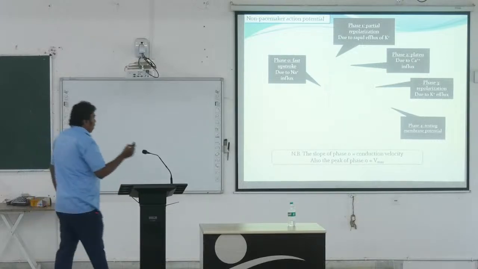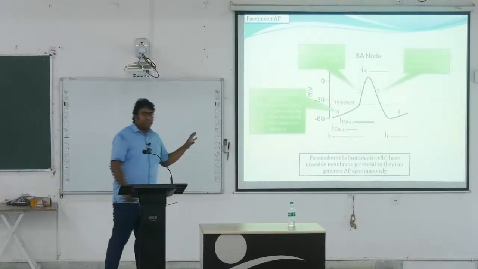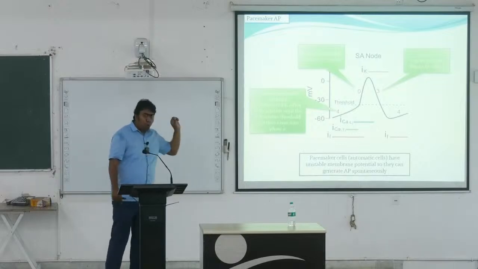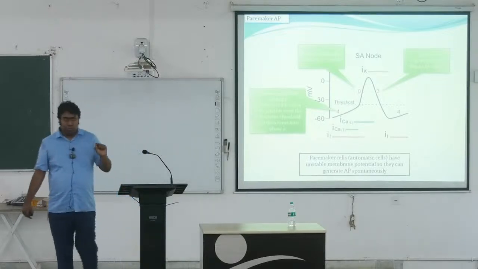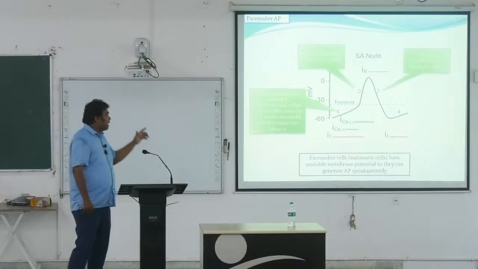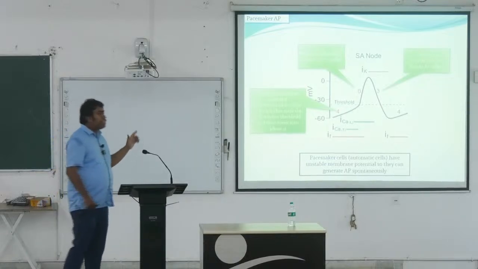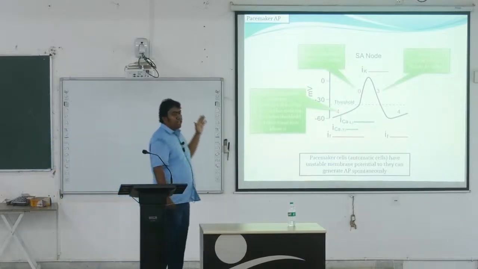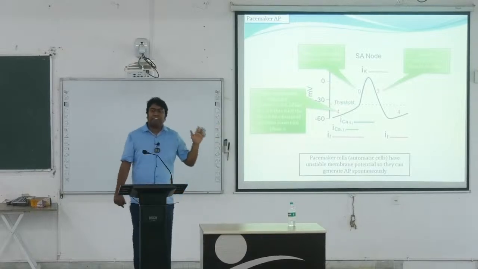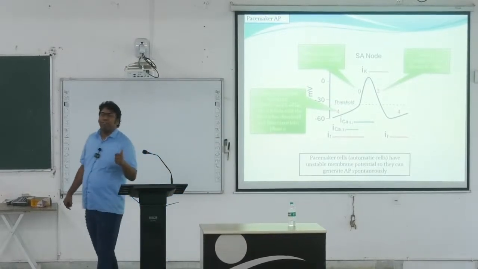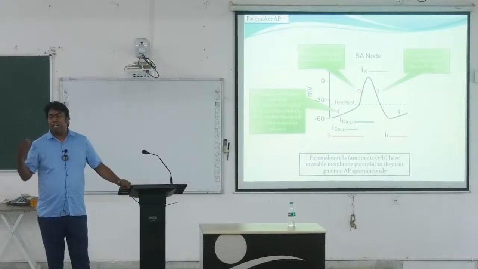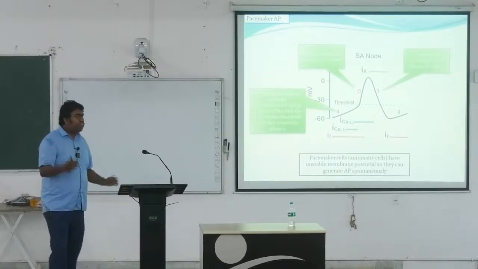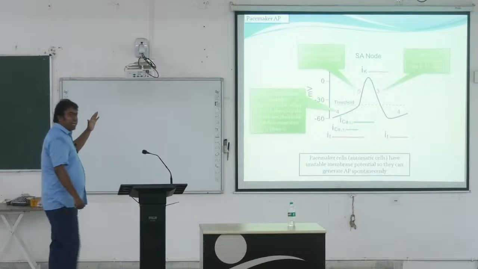potassium. What is the difference in the pacemaker cell? Here there is no 1 and no 2. Another thing is that here phase 0 is due to influx of calcium. In case of atrium, it is influx of sodium. In case of SA node and AV node, it is influx of calcium.